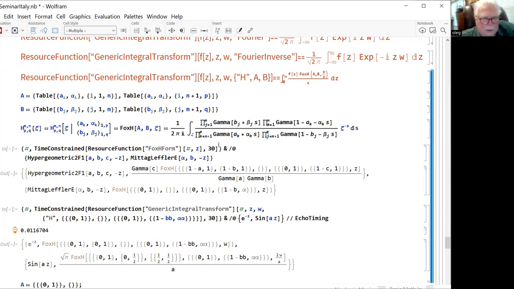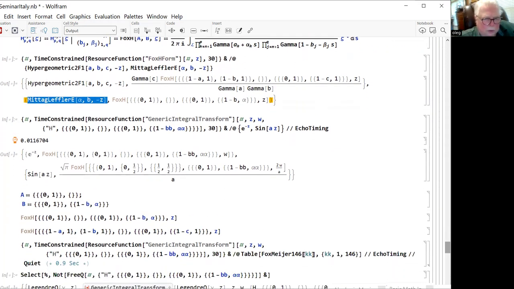And then what I made, I generated arbitrary functions. I took a function which people like, the Mittag-Leffler function. And we have Mittag-Leffler equal to this Fox representation. You can take different kernels.